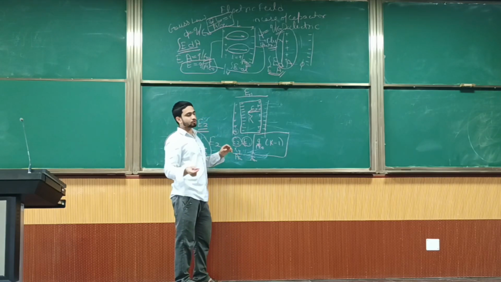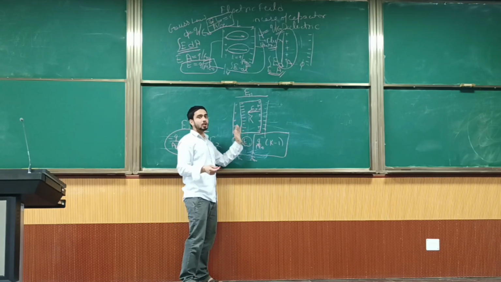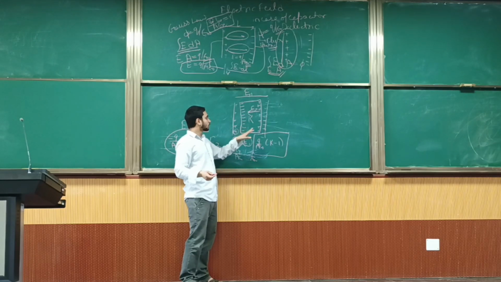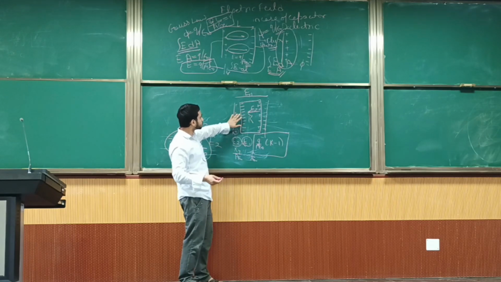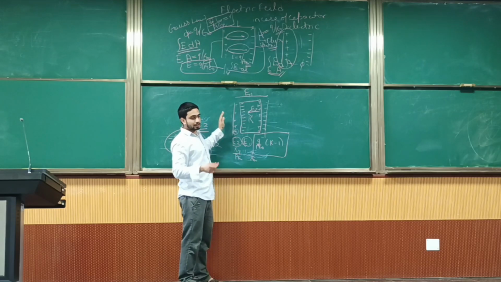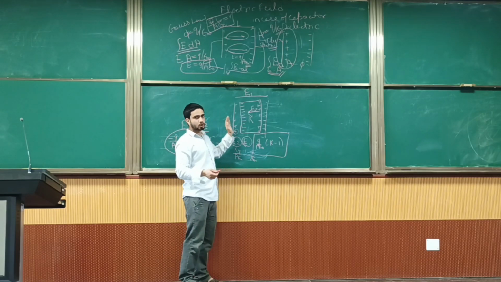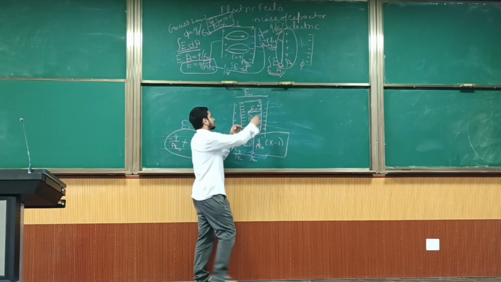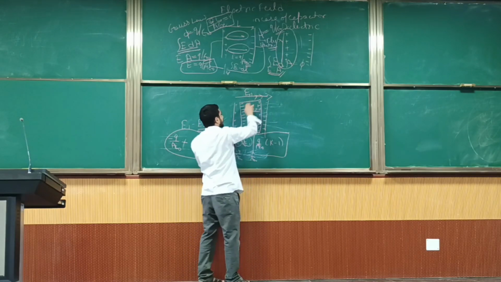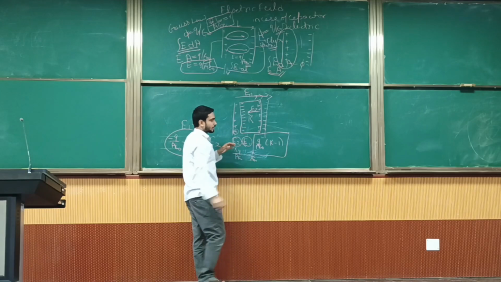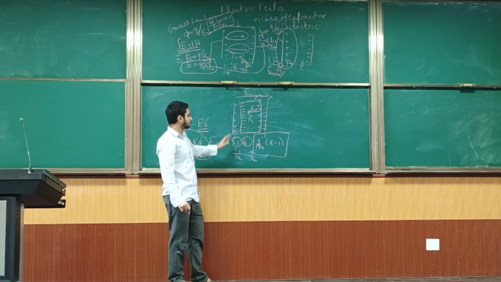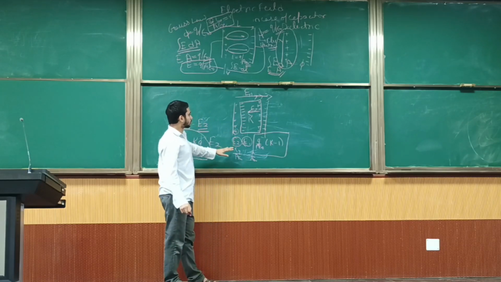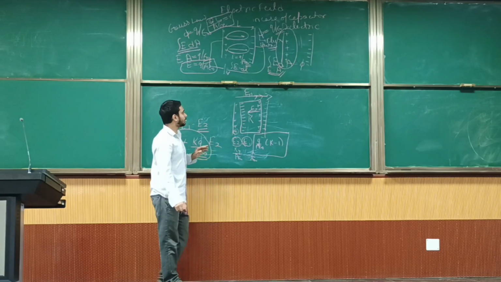Since the electric field goes from the positive terminal to the negative terminal, its direction becomes opposite to that of the capacitor. In the capacitor it was in the positive x direction, but here it is in the negative x direction, so the net will be E2 minus E1, which is KQ upon A epsilon naught minus Q upon A epsilon naught.